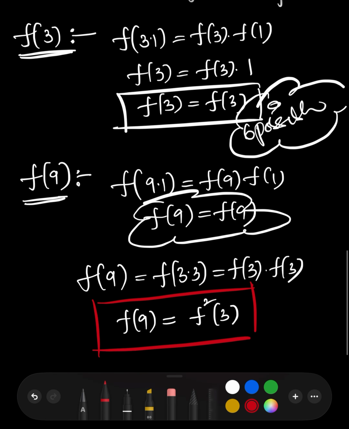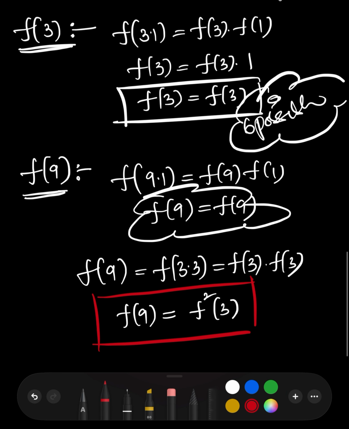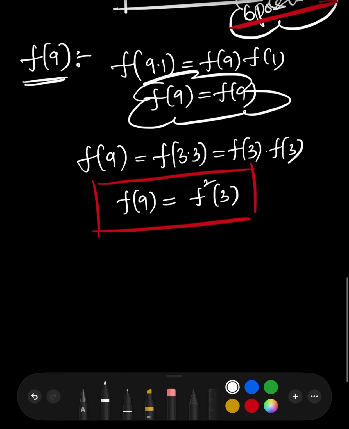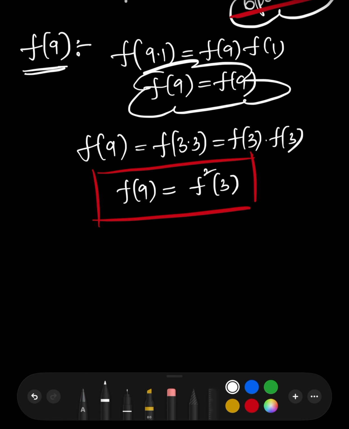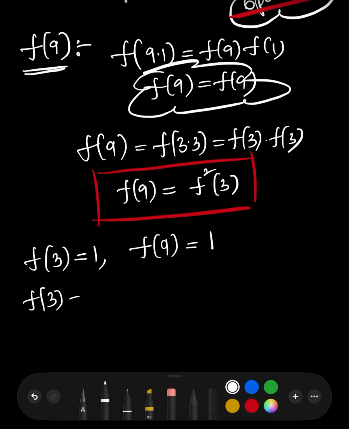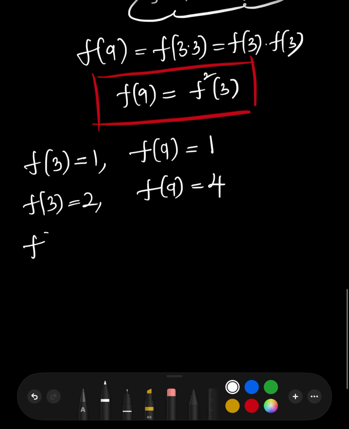Now by seeing this, if you assume 6 possibilities, we'll check whether there is any possibility we won't consider. Suppose f of 3 equals 1, then f of 9 is also f square of 3, which is 1. f of 3 equals 2, then f of 9 equals 4.